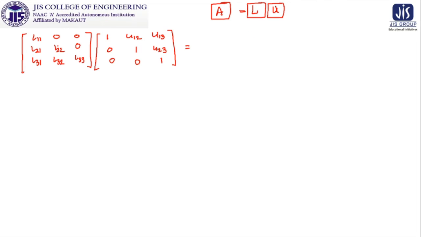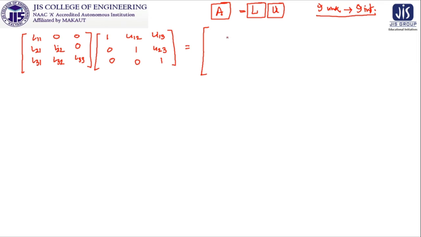So now my unknowns are 1, 2, 3, 4, 5, 6, 7, 8, 9. These 9 unknowns will be calculated by these 9 pieces of information from the matrix capital A. But how will they be calculated? It is a very easy process. We will do the multiplication in general first.